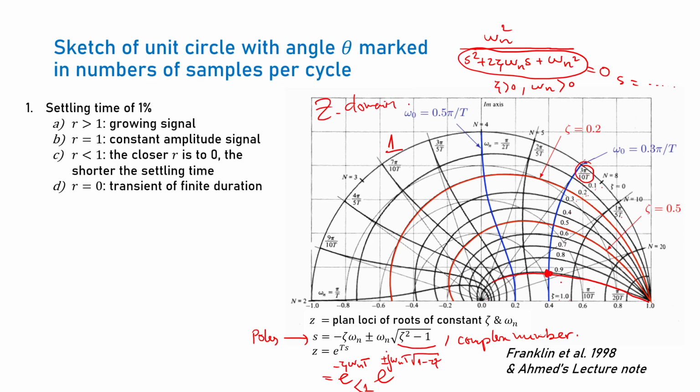This is the location of the pole for the Z domain. And this is one complex number. This is the conjugate, maybe around here. You can draw it symmetric like this.